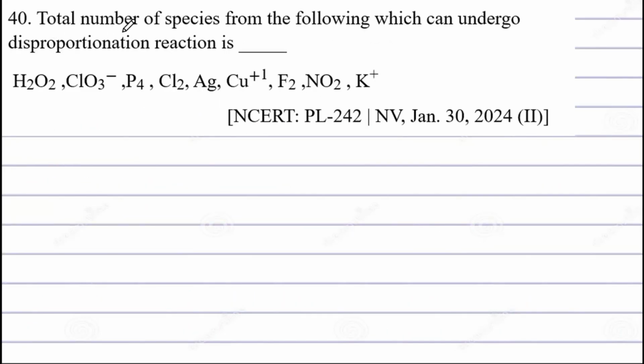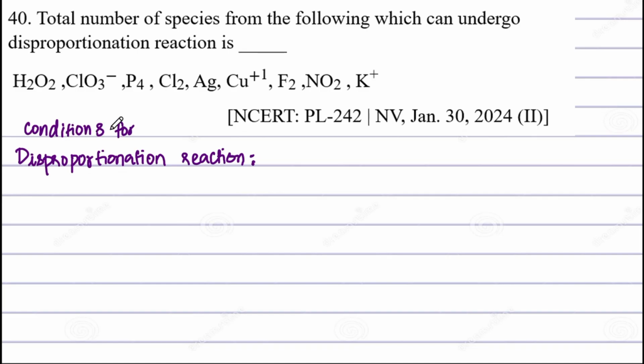Next question is, total number of species from the following which can undergo disproportionation reaction is. So 9 species are given, and the condition to undergo disproportionation reaction. So already I told what is disproportionation reaction. Here we will see the conditions for disproportionation reaction.